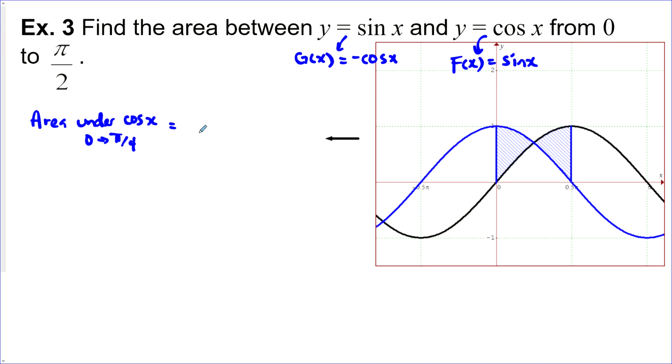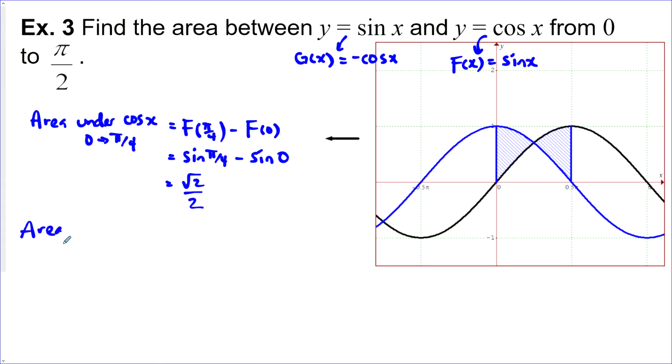And that will be capital F at pi over 4 minus capital F at 0. We put sine pi over 4 minus sine 0. And sine pi over 4 is root 2 over 2, and sine 0 is just 0.